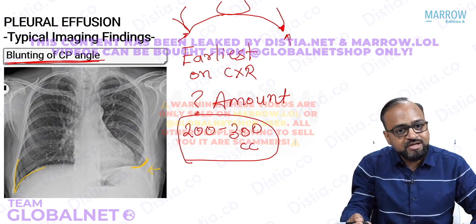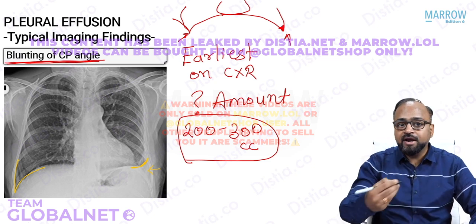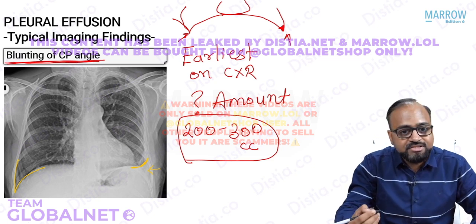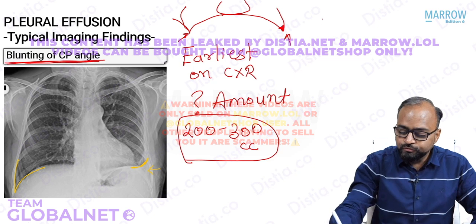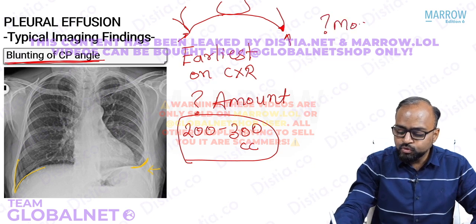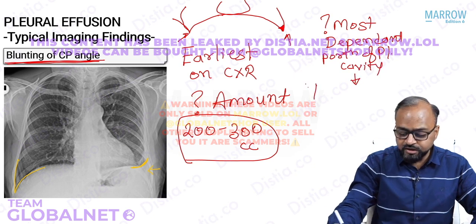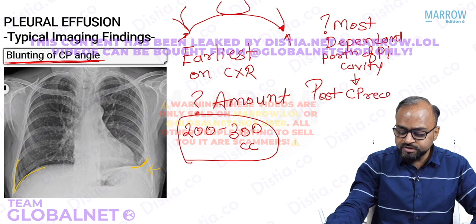The reason lies in the shape or anatomy of the pleural cavity that we have discussed. Do you remember in basic chest X-ray interpretation I told you which is the deepest and most dependent part of the pleural cavity? Most dependent portion of the pleural cavity is the posterior costophrenic recess.